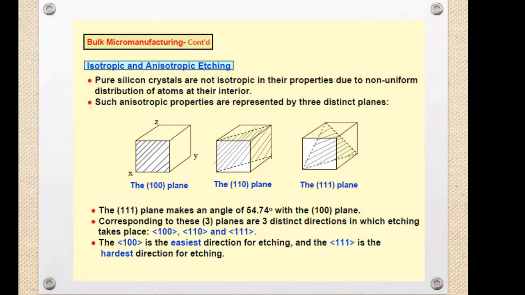The three orientations are respectively those whose planes are normal to the axes. The two most common planes are 100 and 111 for the production of ICs in the IC industry. And in micro machining, where micro machining is used, we will use the 110 orientation plane.